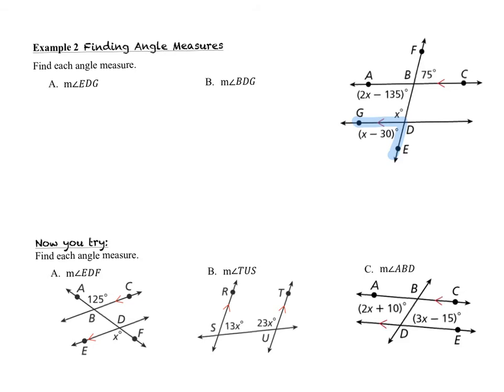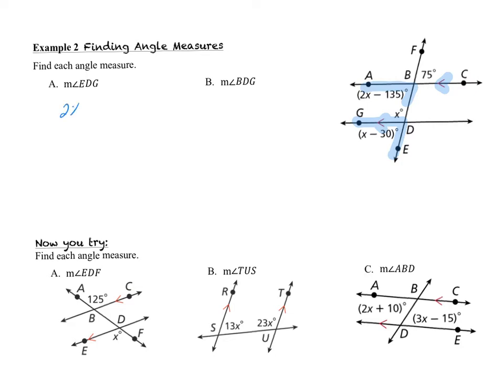Okay, first we need to find the measure of angle EDG. I've marked this with the blue highlighter. I do know that that angle is corresponding with 2x minus 135, so I can set those equal to each other since we know they're congruent. We have parallel lines shown by the arrows cut by that transversal.